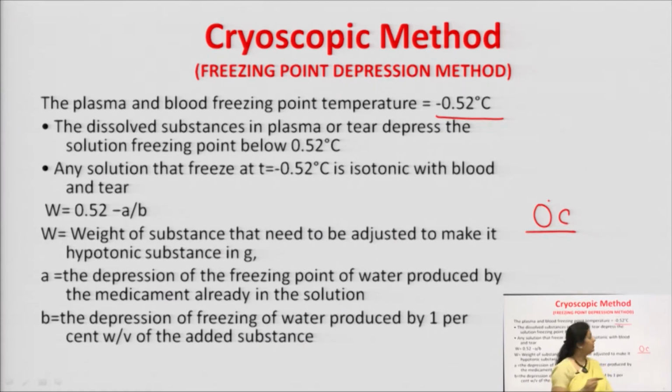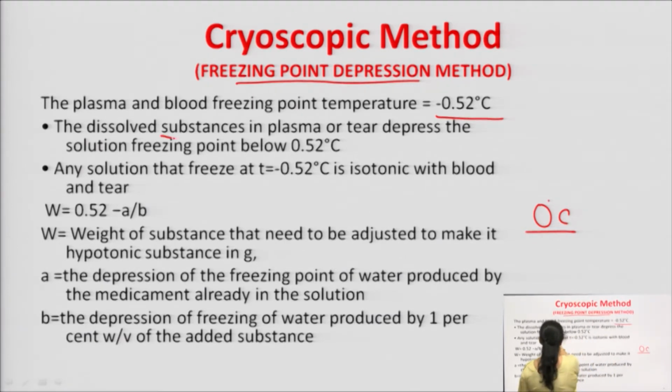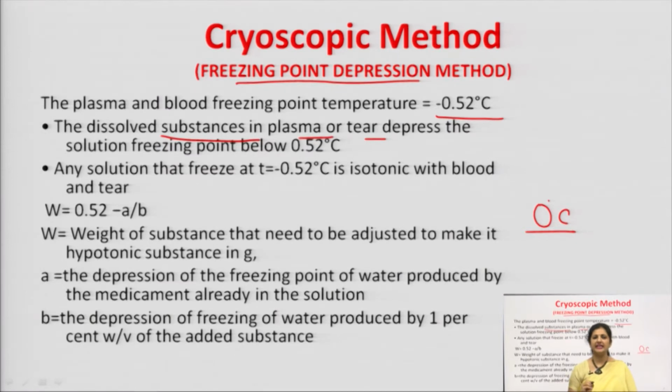That is why it is called freezing point depression, means the water which used to freeze at 0 degrees C is now going to freeze below 0 degrees C. So, that is given here, -0.52 degrees C. Now, any dissolved substance in plasma or tear depresses the freezing point to -0.52 degrees C. So, any solution that freezes at this temperature is going to be isotonic with the blood and tear.